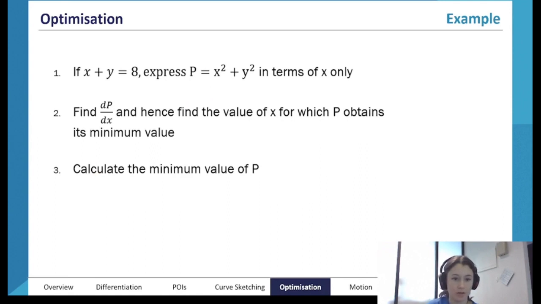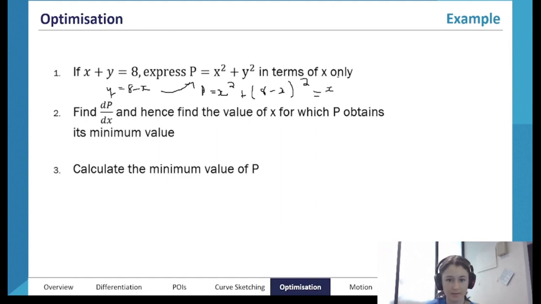So in here we know that y is going to be equal to 8 minus x. So we can sub this into here, which is going to give us p equals x squared plus (8 take x) squared. Now we can simplify this a little bit.